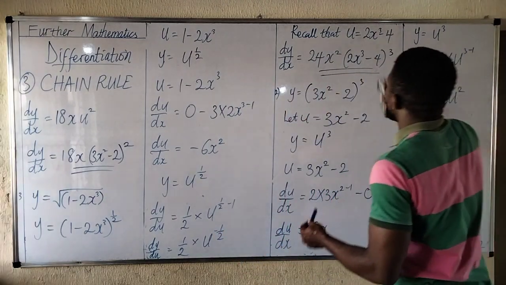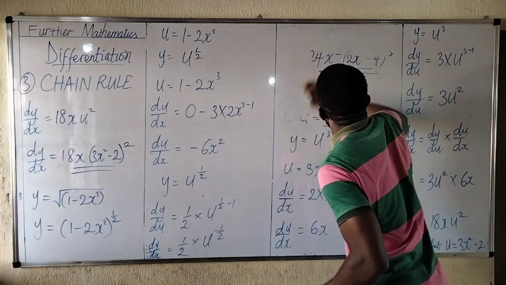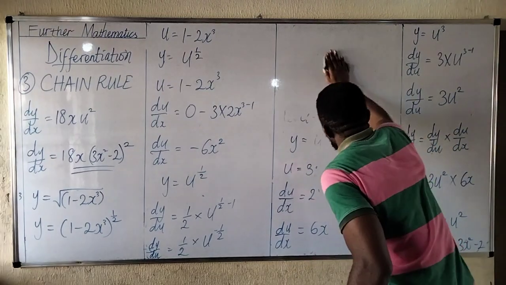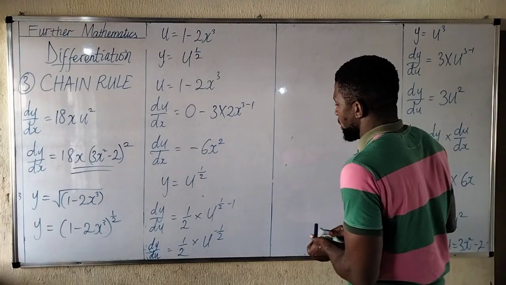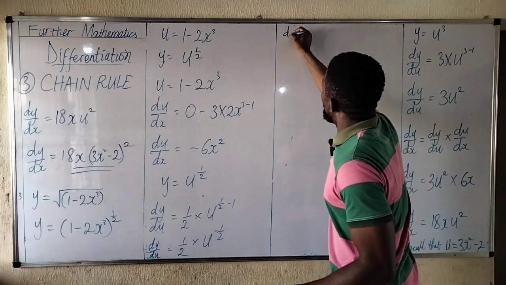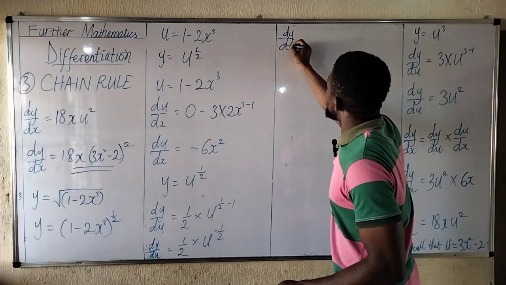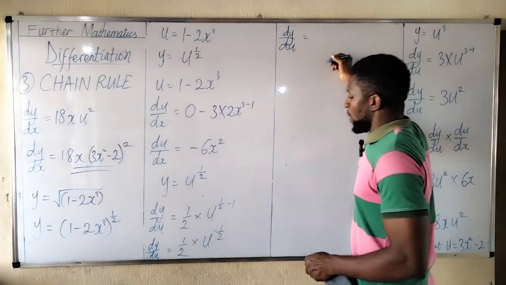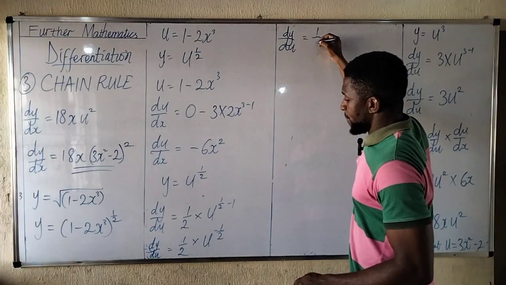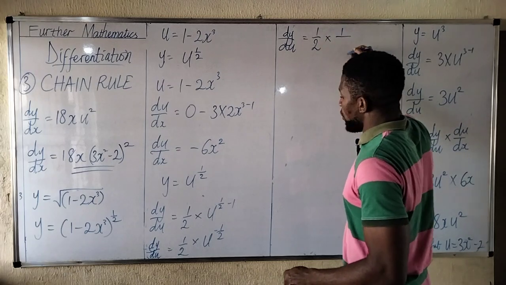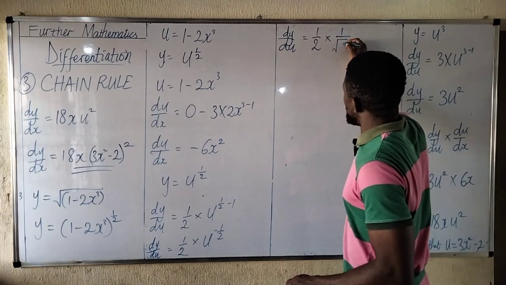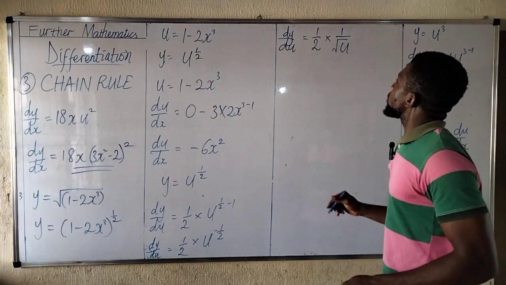Okay, clean this part of the board and continue solving. Alright, so it's done. dy over du will now be 1 over 2 times 1 over root u. This is what we are going to get.